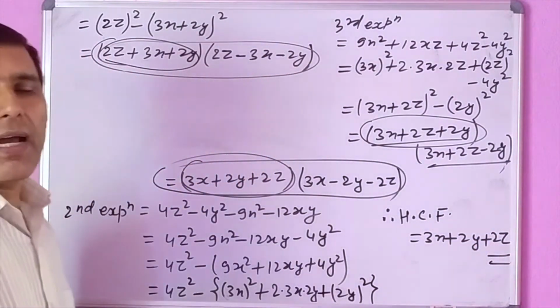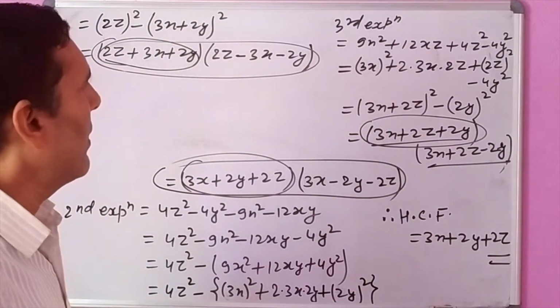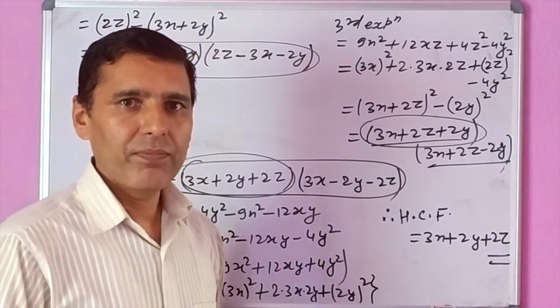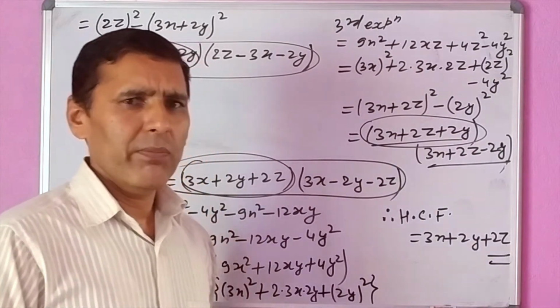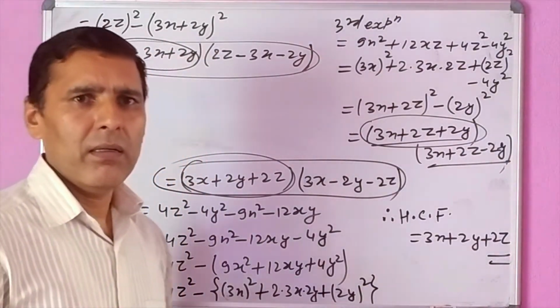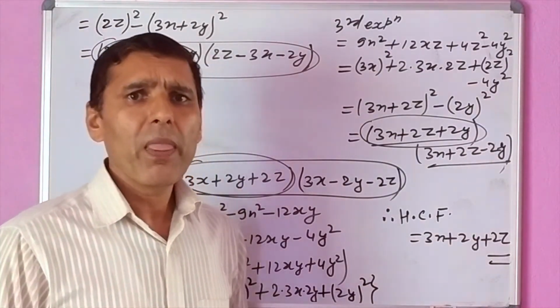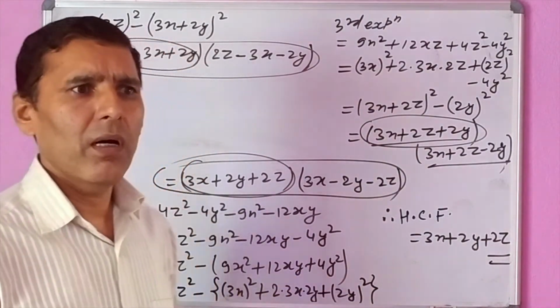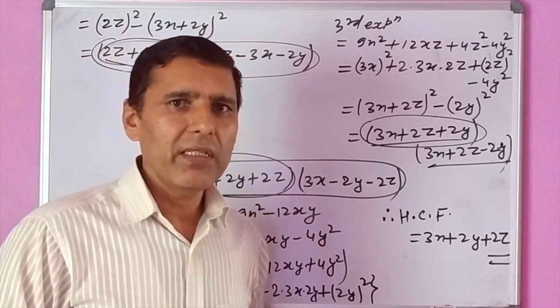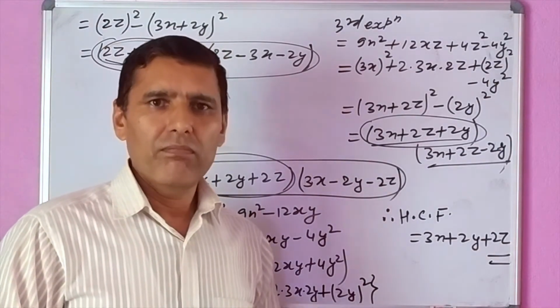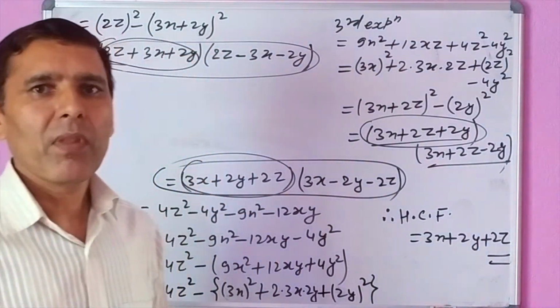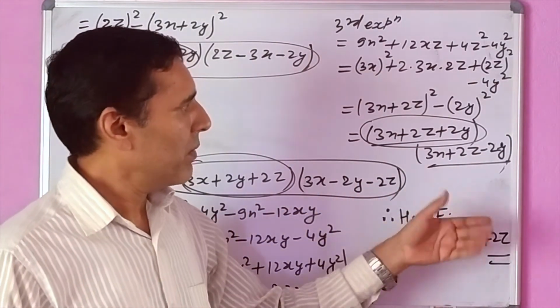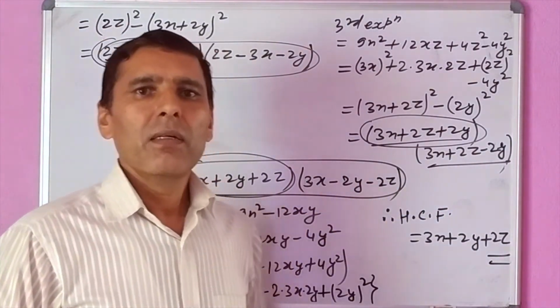Here the expressions are slightly longer, but not difficult. If we have a simple concept of factorization, just arrangement of the terms, and you focus on which three terms are completing the square here. We have different techniques for completing the square or factorization.